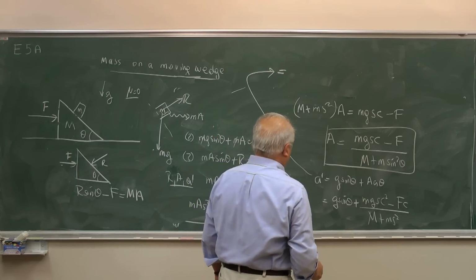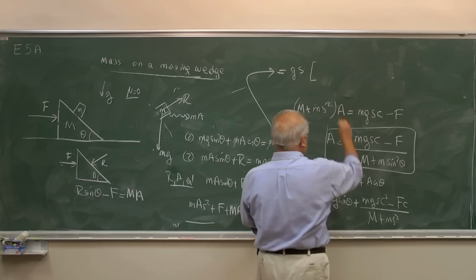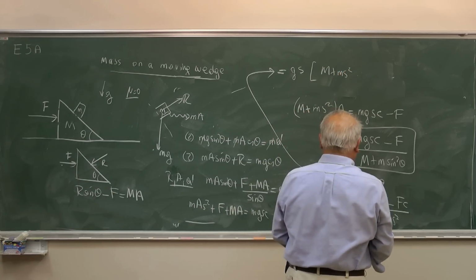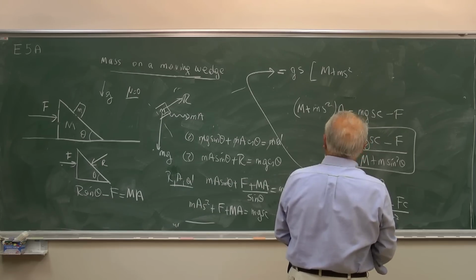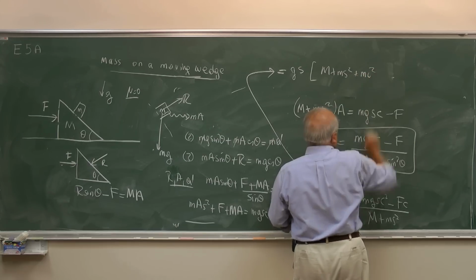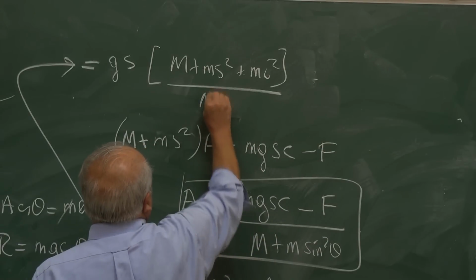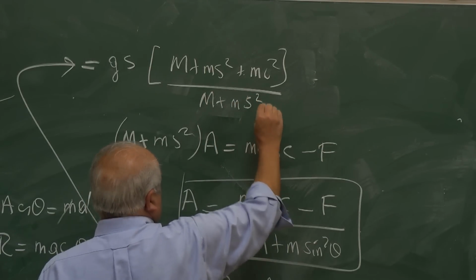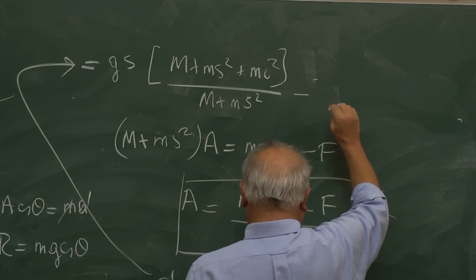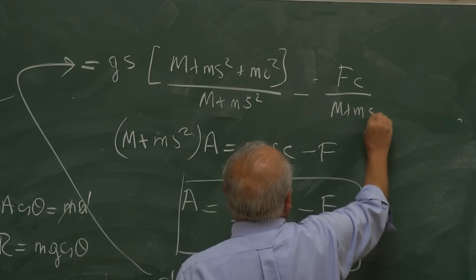Equals g s parenthesis 1, which I will write as M plus m s square, gs is gone plus mc square, over M plus m s square, minus Fc over M plus m s square.